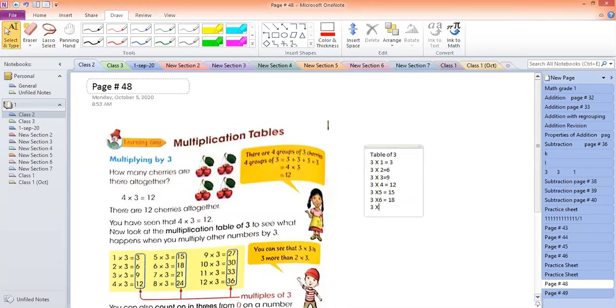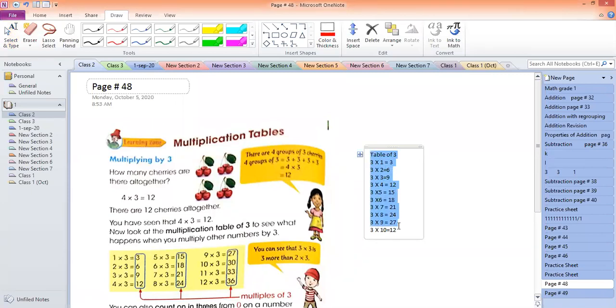And 3 multiplied by 7 equals 21. 3 multiplied by 8 equals 24. 3 multiplied by 9 equals 27. 3 multiplied by 10 equals 30. So this is the table of 3.